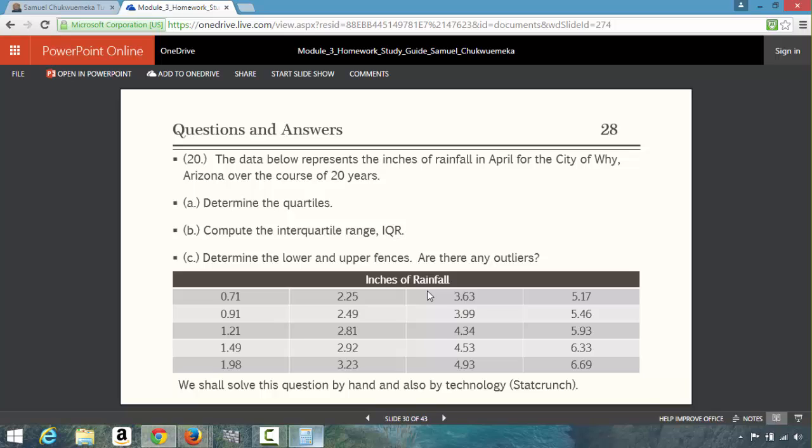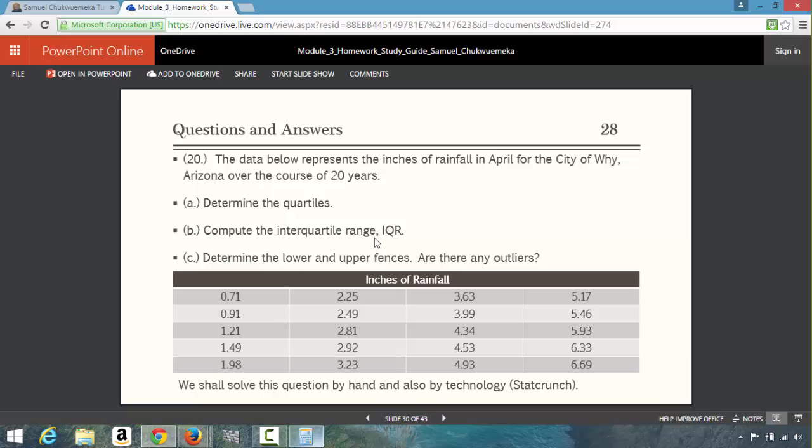That is what quartiles mean. It divides the data set into 4: lower quartile, middle quartile, and upper quartile. Of course, the last one is now the 100th percentile.